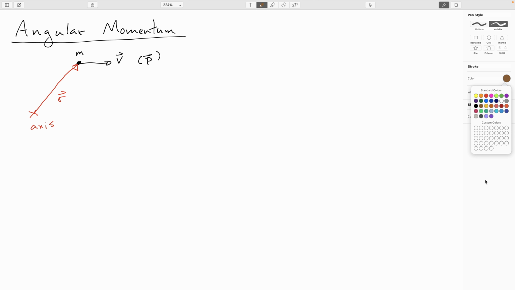And then we define the angular momentum of this point mass about that axis of rotation as L. Yeah, I know, you're probably expecting a Greek letter, weren't you? It is defined to be r cross p.